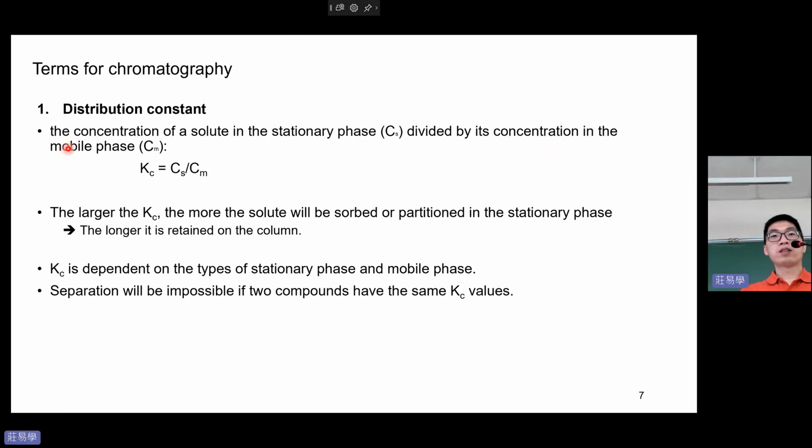So the distribution constant or partition coefficient is the concentration of solutes in the stationary phase, denoted by CS, divided by its concentration in the mobile phase, CM. So Kc is equal to Cs over Cm.